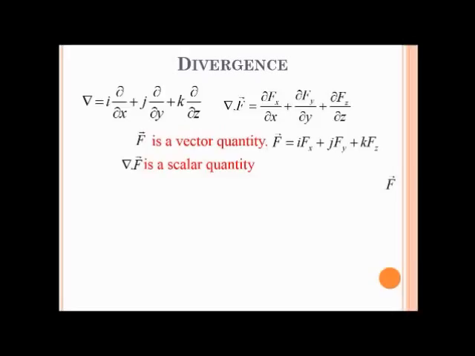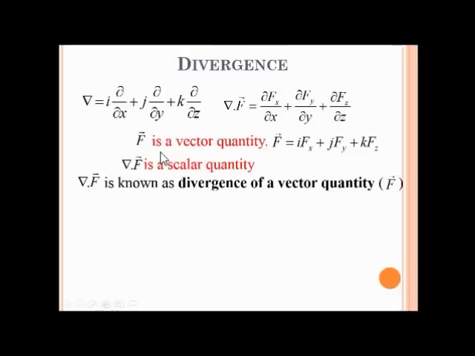When you calculate this divergence, we do the dot product of the del operator with the vector quantity, and it is a scalar quantity. In case of gradient, we multiply the del operator with a scalar and get a vector. In case of divergence, we multiply the same del operator with a vector quantity and get a scalar quantity.